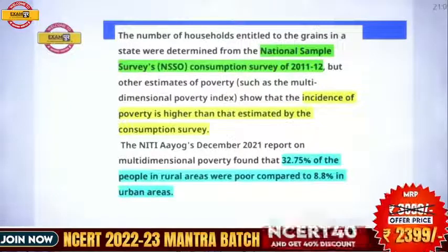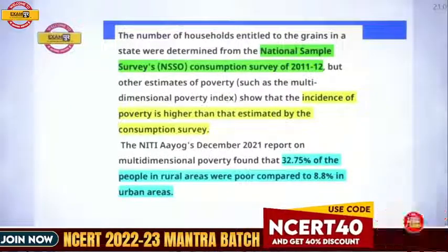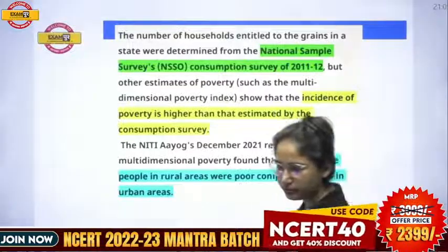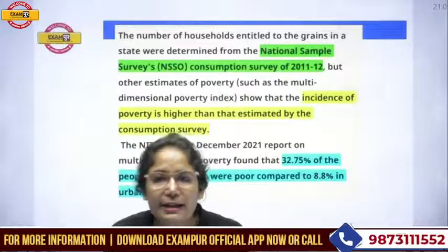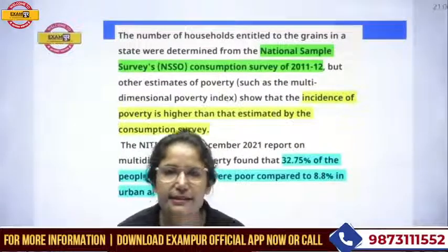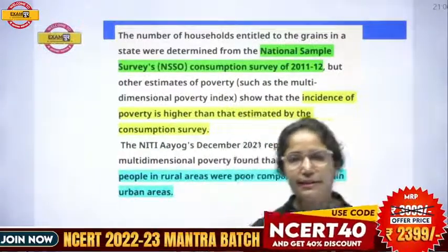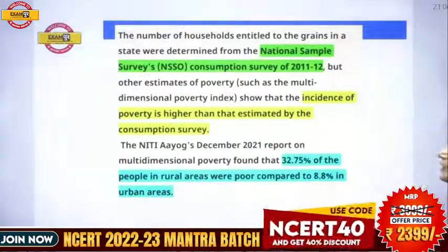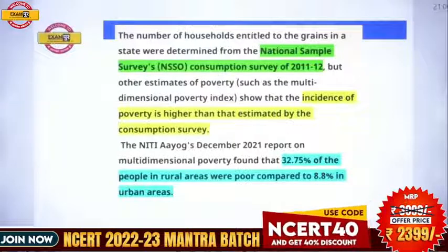The number of households as per the consumption survey of 2011-12, and the agricultural survey, takes place every 5 years, the way the census takes place every 10 years, no? The agricultural census takes place every 5 years and has just recently been estimated.